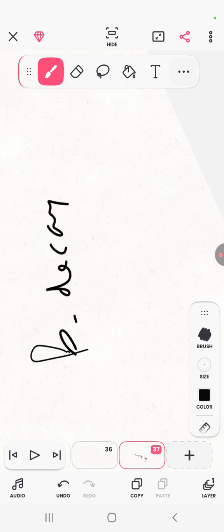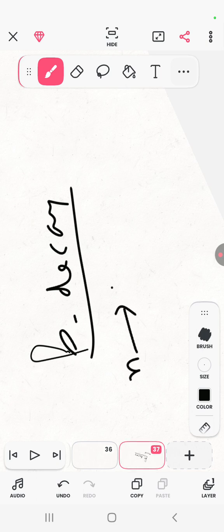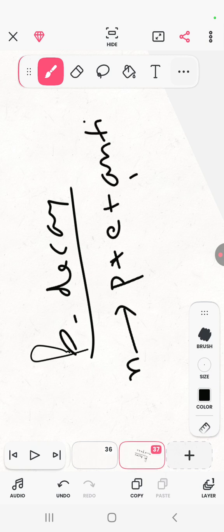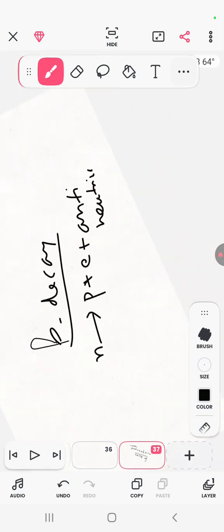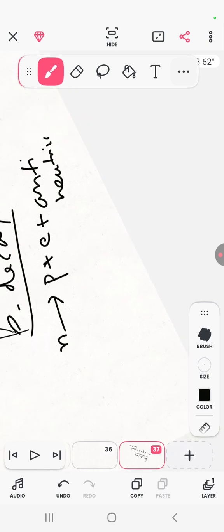Beta decay occurs when a neutron gets disintegrated into a proton and electron with the ejection of an antineutrino particle, antineutrino. Then it's called a beta decay.